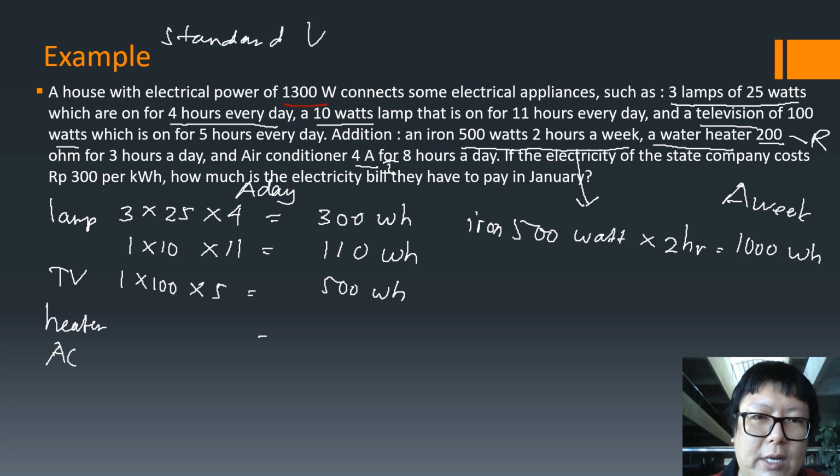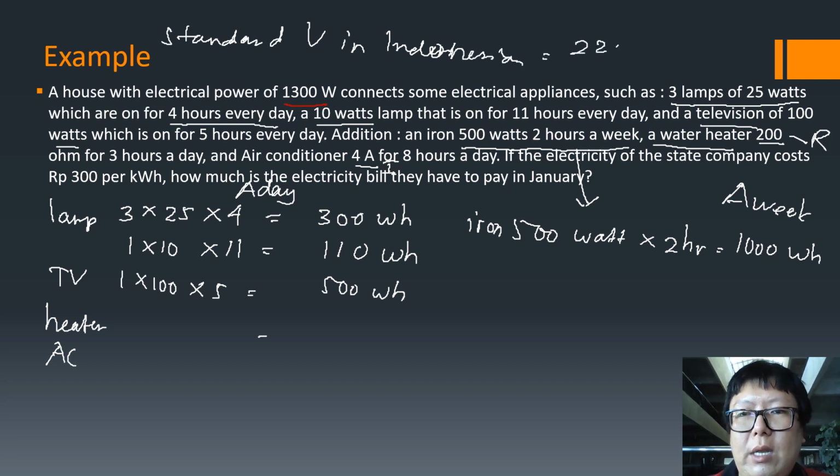The standard voltage in Indonesia is 220, right? So for the heater, we use this formula, V squared per R, to count the P.